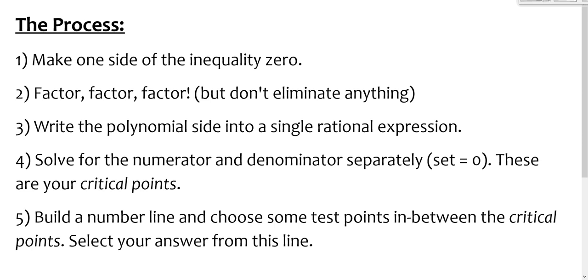After we've got one side of the inequality zero, we want to factor. Factor as much as you can everywhere you can, but don't simplify anything just yet. Sometimes that can mess up the process, so we don't want to do that. Third, the polynomial side, the side that all of this stuff has been written on, we need to write it into a single rational expression.